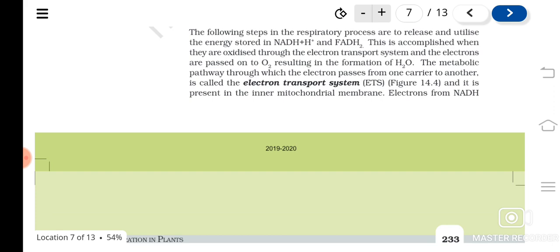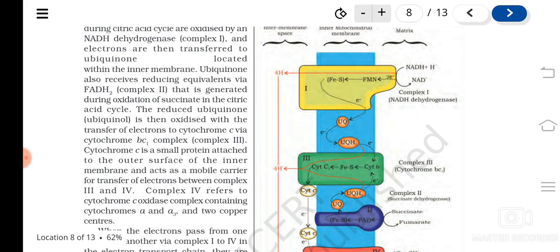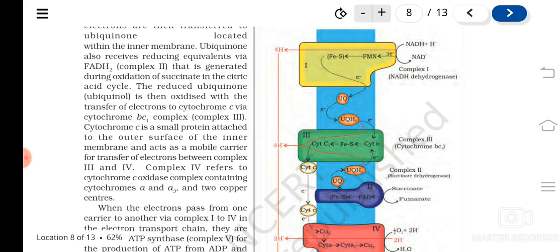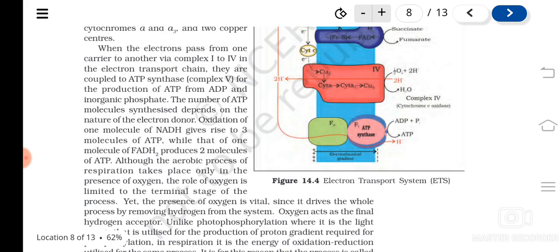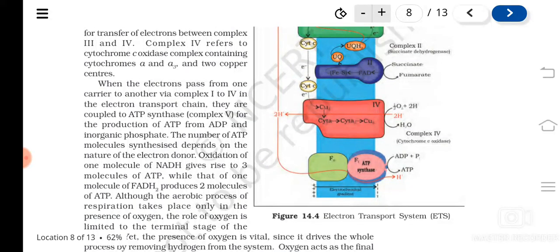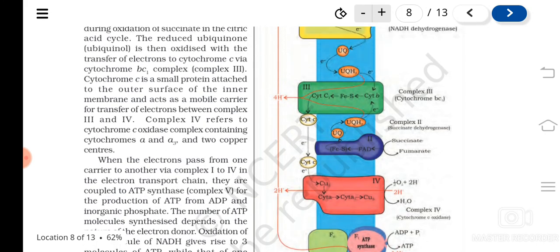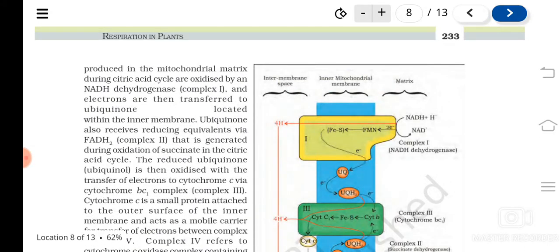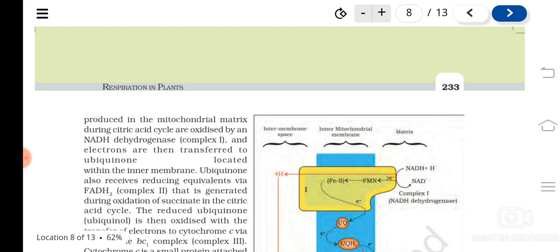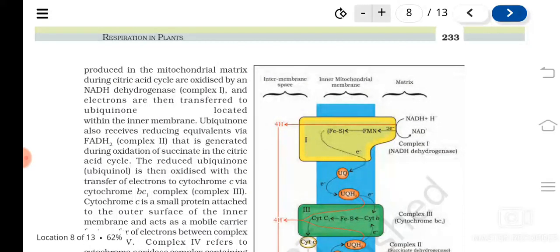They are present in the inner mitochondrial membrane. You can see that in the inner mitochondrial membrane, they are arranged as different complexes 1, 2, 3, 4, and 5. 5 is actually the ATP synthase enzyme. Likewise in different complexes, they are protein molecules, proteins containing iron, and some having copper.